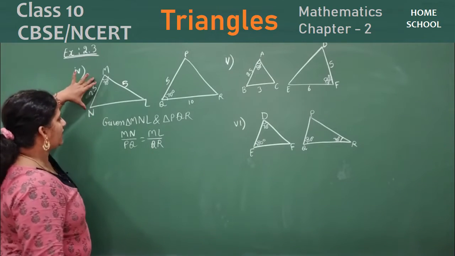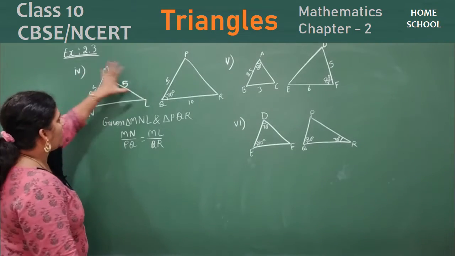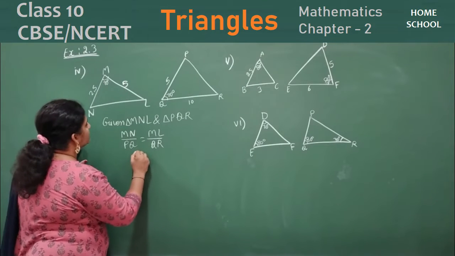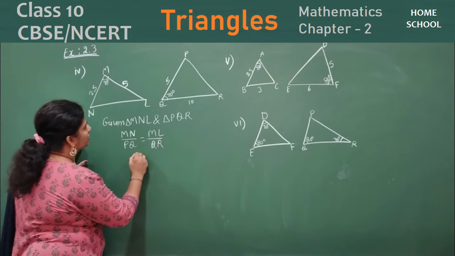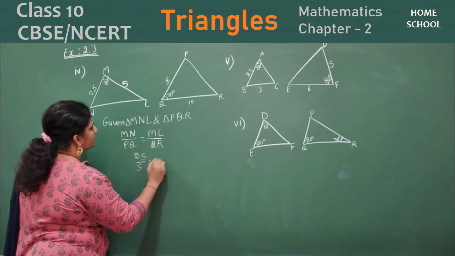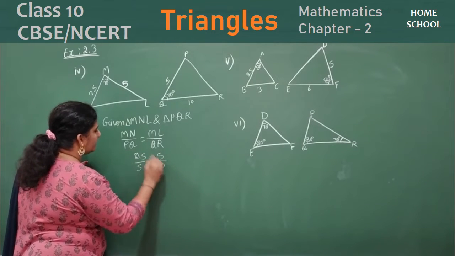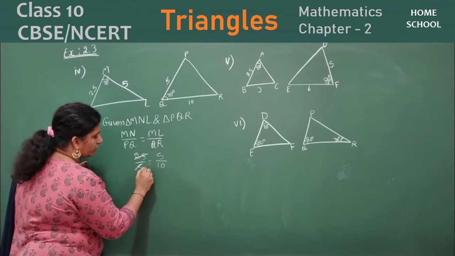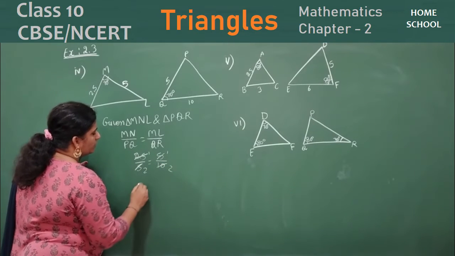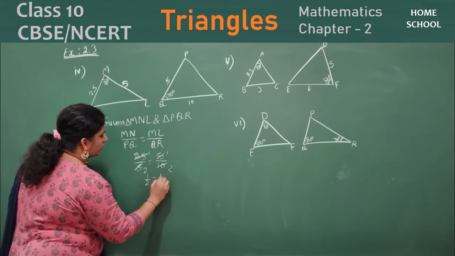Yes or no? So that is equal to how much? MN value is 2.5 by 5 is equal to 5 by 10. If you cancel, what are you going to get here? 1 by 2 equal to 1 by 2.